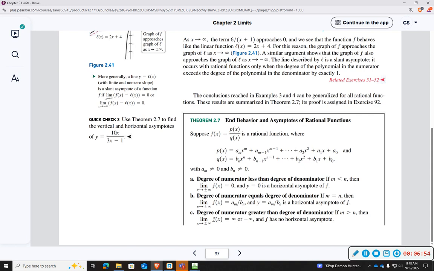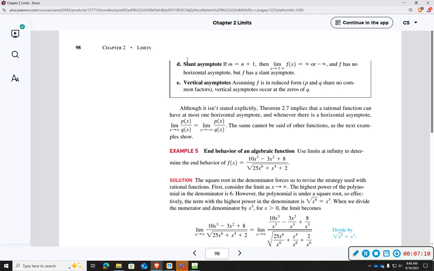And then c, if the degree of the numerator is greater than the denominator, then your graph has no horizontal asymptote. So these are the 3 scenarios you might remember from algebra.